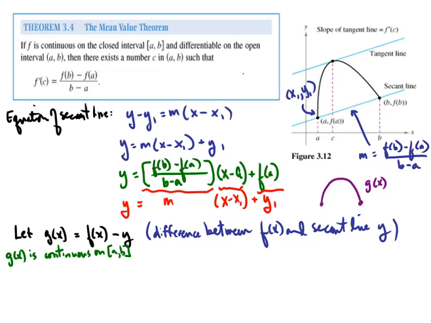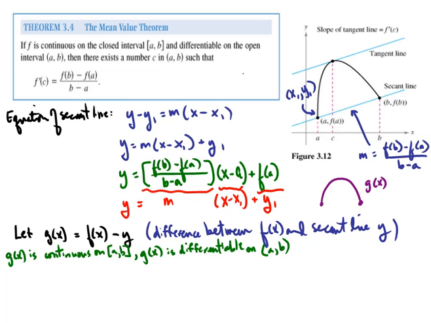Furthermore, by the definitions of continuity, since f of x, the original function, is assumed to be continuous, and the secant line is a line which is also continuous on the closed interval from a to b, g of x is going to be continuous on a to b.